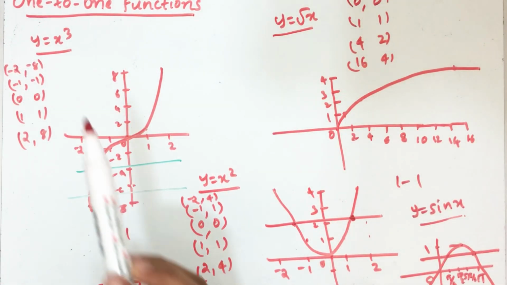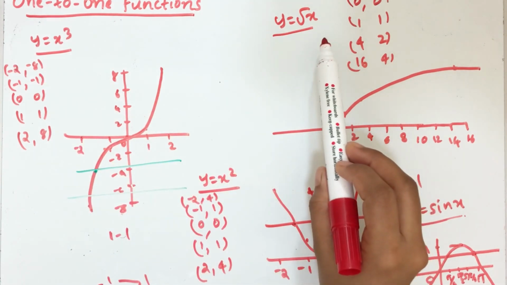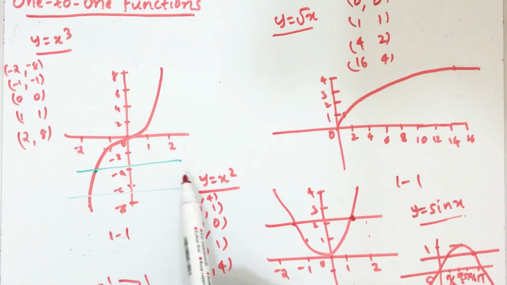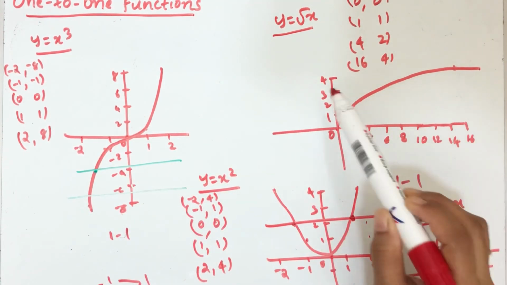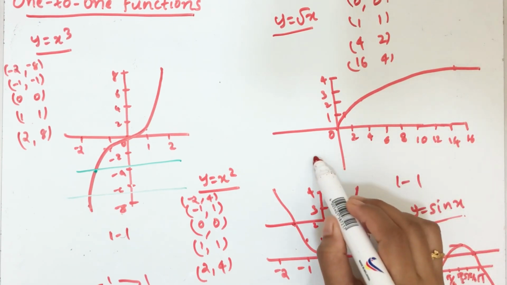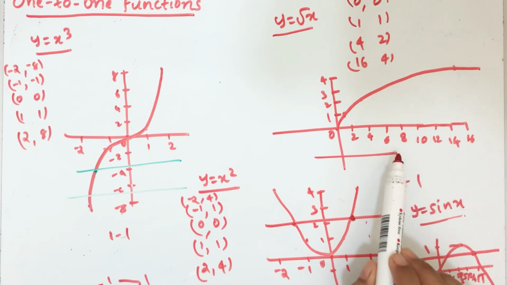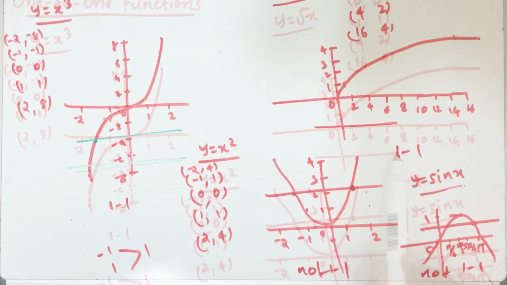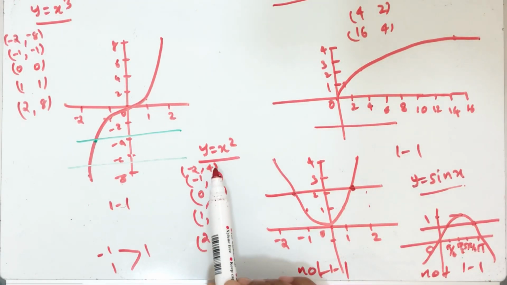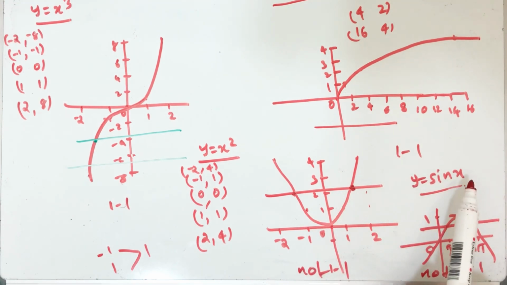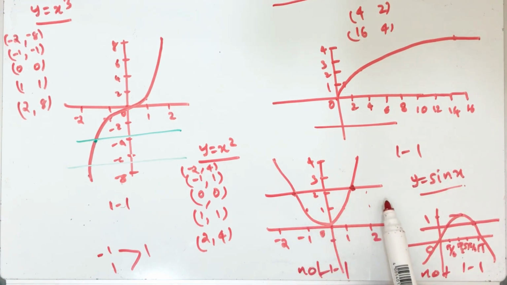So in case of y equal to x cube and y equal to root x, the graph meets each horizontal line at most once. Here the horizontal line does not meet anywhere, but that's not a problem, at most once. But in the case of y equal to x square and y equal to sin x, one or more horizontal lines meet more than once.